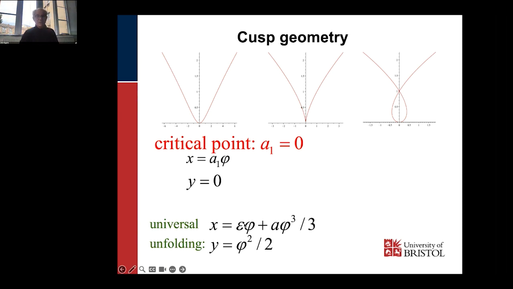So epsilon greater than 0 corresponds to this situation, where the cusp tip is rounded on some scale given by epsilon. At epsilon equals 0, I have a perfect cusp, and for epsilon negative, I have a self-intersection.